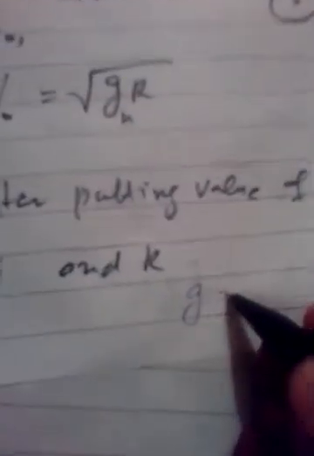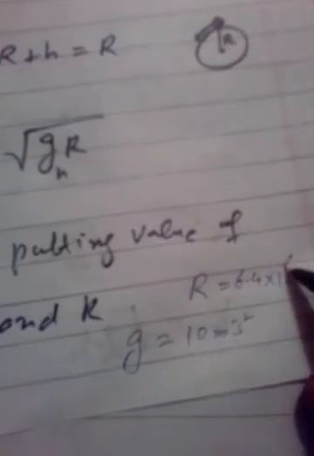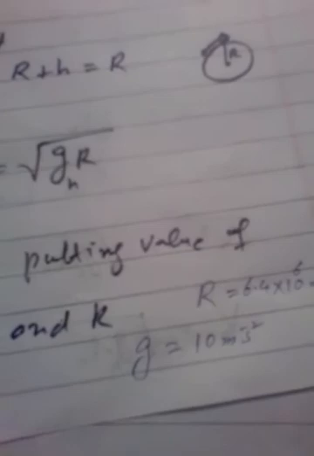The value of g is equal to 10 meter per second square, and the radius of earth is 6.4 times 10 to the power 6 meter.